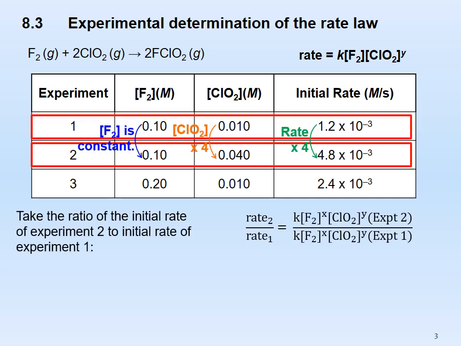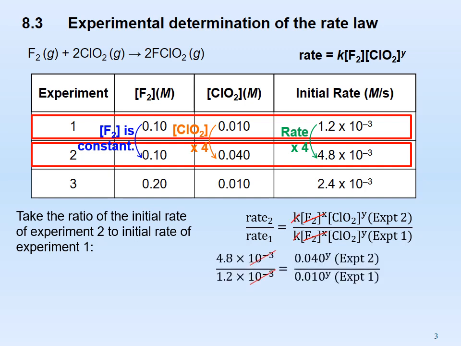We apply the same trick of cancelling off the same fluorine concentration of 0.10 molar raised to power x, rate constant k, as well as 10 to the power of negative 3 from the numerator and denominator. 4.8 divided by 1.2 is 4. 0.040 and 0.010 share the same power of y.